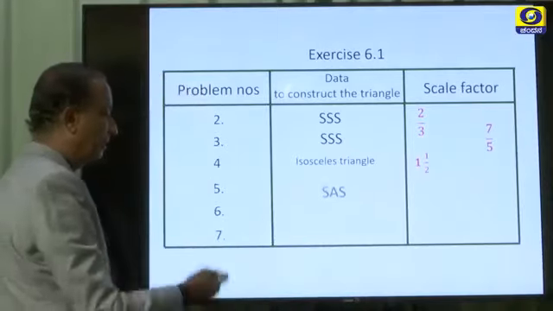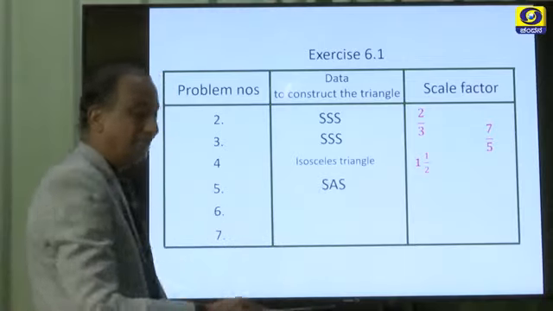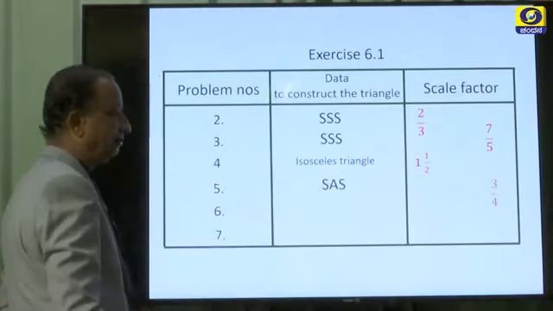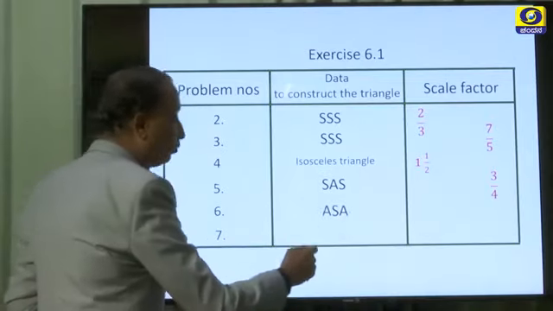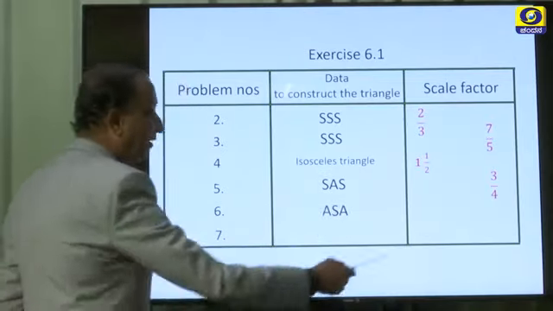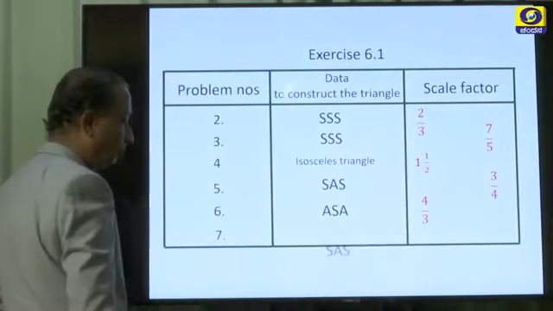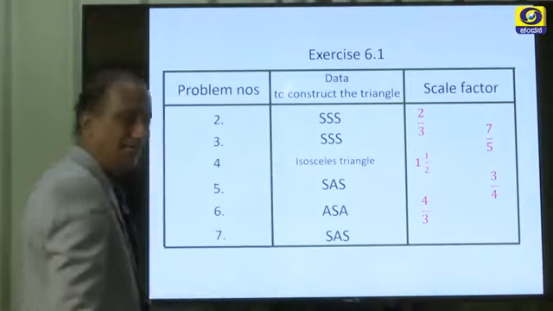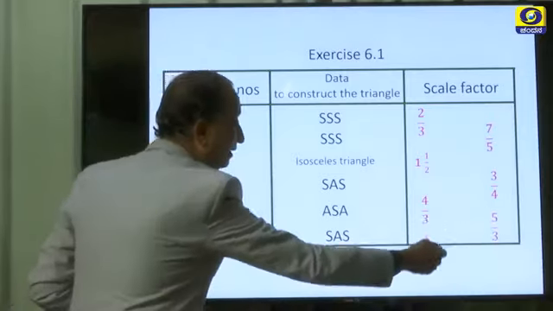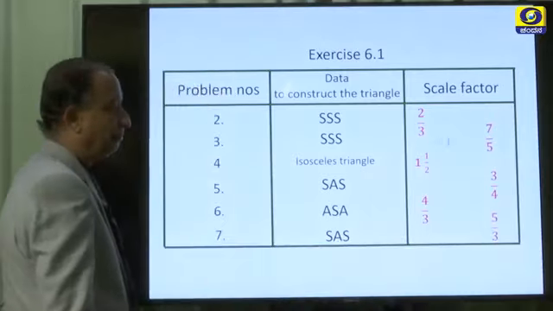In the fifth problem, 2 sides and an included angle are given and the scale factor is 3 by 4. The sixth one has 2 angles and a side given and the scale factor is 4 by 3. And finally, the seventh one has 2 sides and an included angle and the scale factor is 5 by 3.